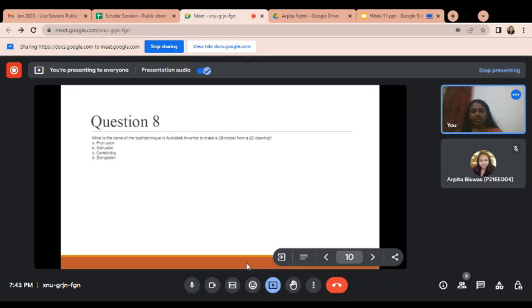So the right option is option B, extrusion. The tool or technique in Autodesk Inventor to make a 3D model from a 2D drawing is extrusion.